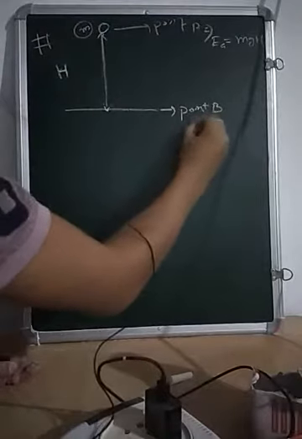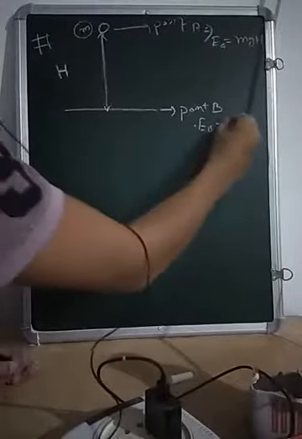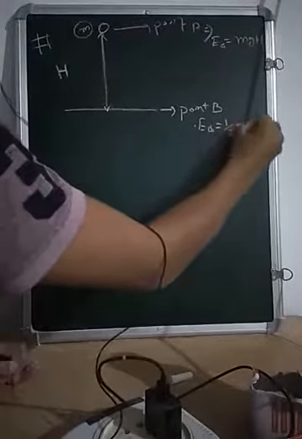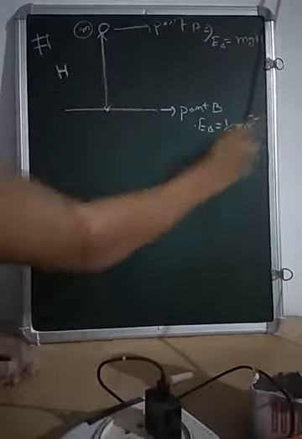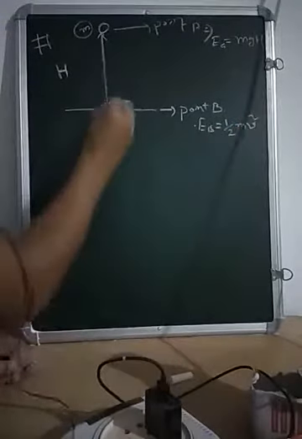The total energy will be half of mv square, where v is the velocity of the object at point B.